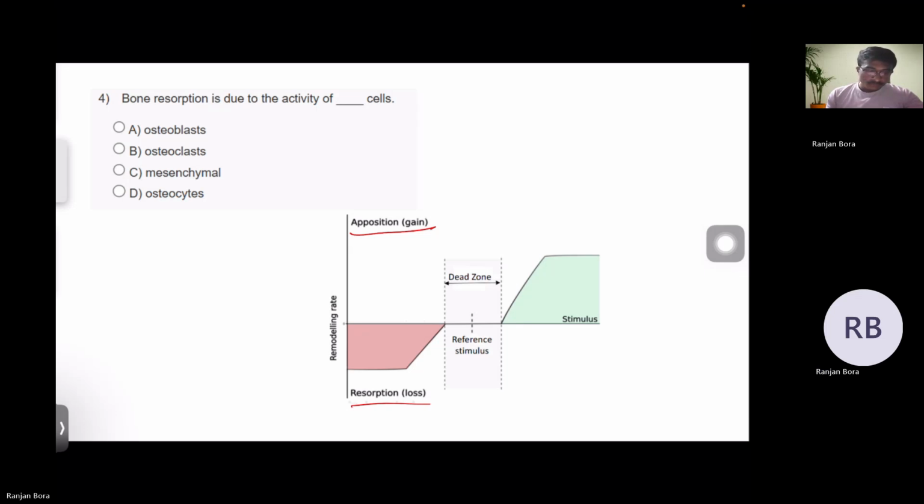Bone resorption is due to the activity of osteoclast cells, and bone apposition is due to the activity of osteoblast cells. So in this case, option B is correct.